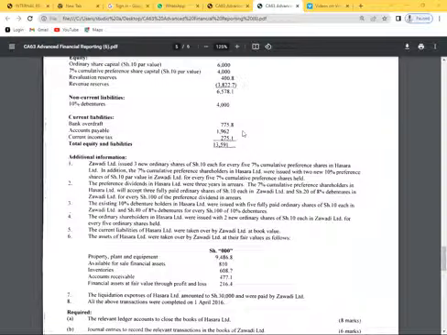So bank overdraft is 775.8. I have accounts payable, 1962, and then tax, 275.1. So what have I done? I've only followed some simple instruction here.